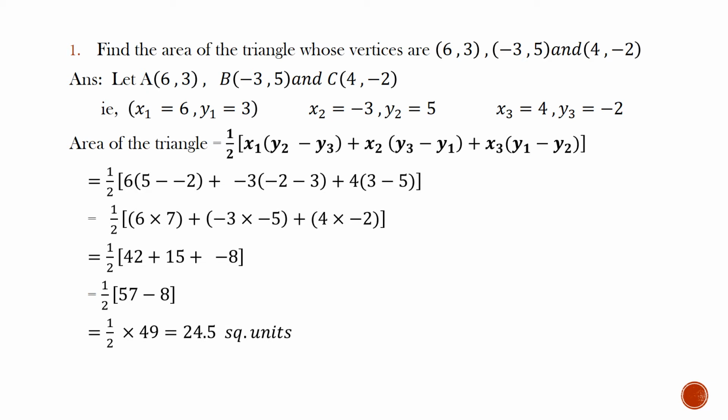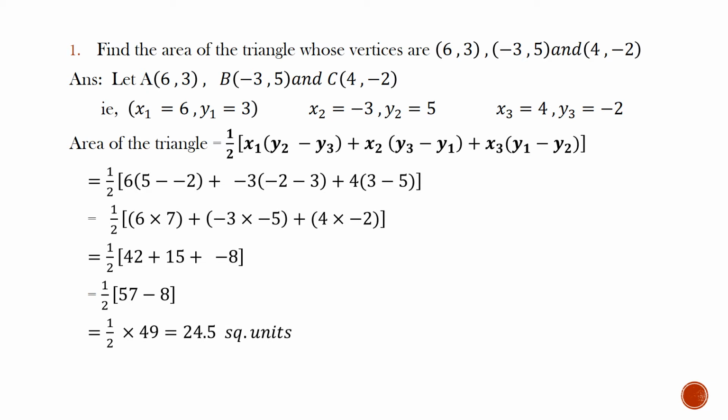That means the coordinates of A, 6 and 3, are x1 and y1. Coordinates of B, negative 3 and 5, are x2 and y2. And coordinates of C, 4, negative 2, are x3 and y3.